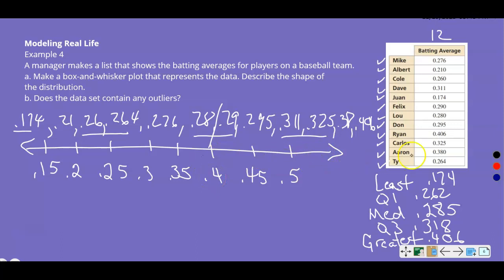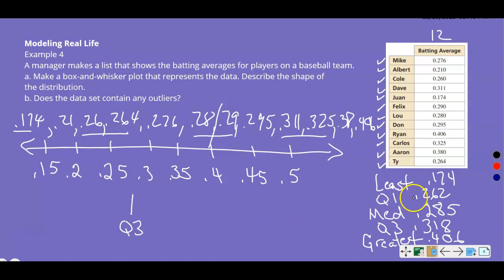So now we can take the numbers that we found here and put those where they belong. So 0.285 is going to fall between 0.25 and 0.3. So I always start with the middle of my box. So there's the median. All right, now I'm going to do Q1.